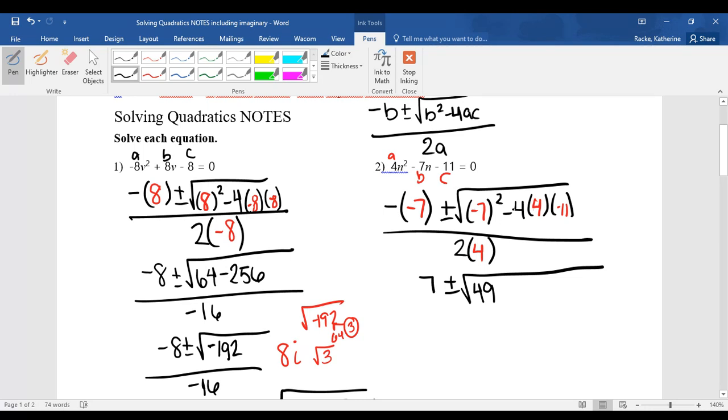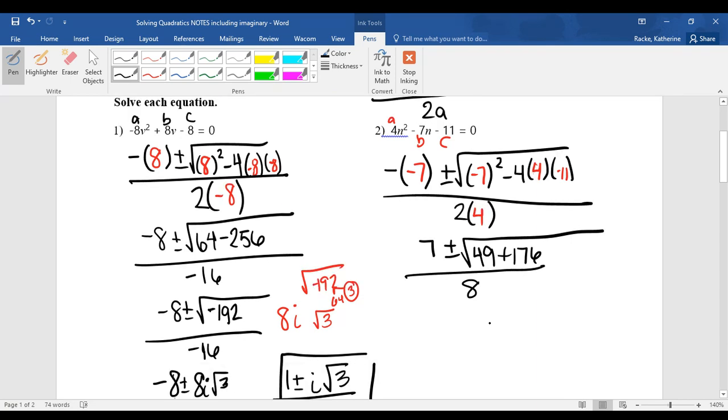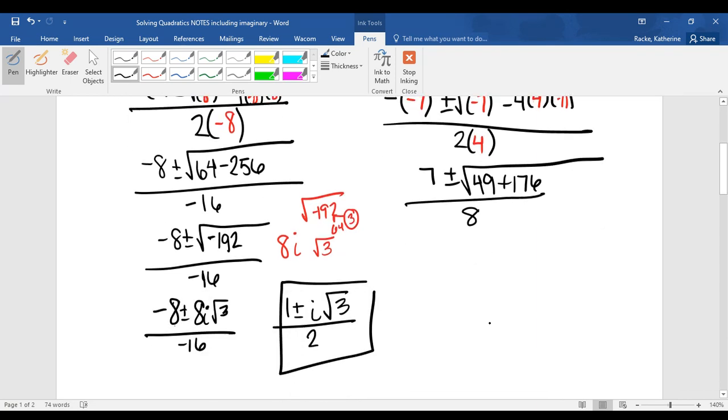Okay, -4 times 4 times -11 is going to give me a +176 all over 8. Now I need to simplify even more, so 49 plus 176. I'm going to get the square root of 225 over 8. The square root of 225 is 15. It is a perfect square, all over 8.